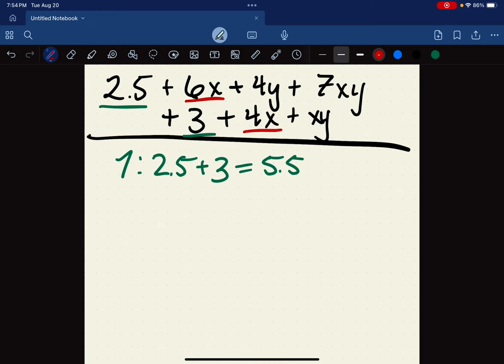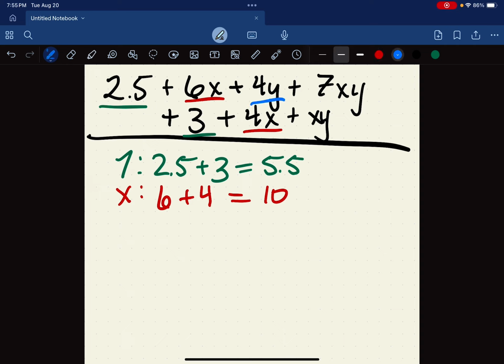Note that we're not doing 7xy because it depends on both x and y. Whenever it depends on multiple variables, then the multiple variables get their own category, and I'll show you that in just a minute. So looking at the x terms, we have 6 of them, and we have 4 of them. That gives us 10.